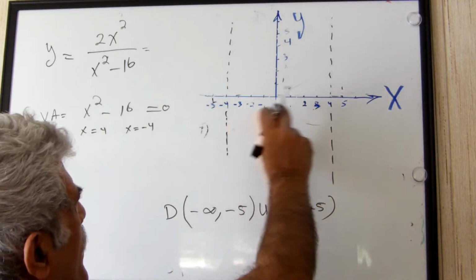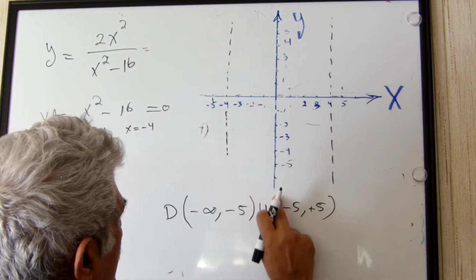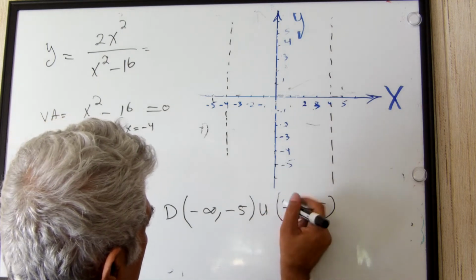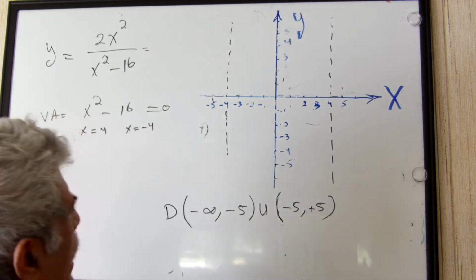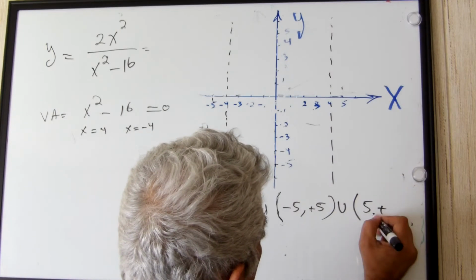We can give any number from minus 5, not included. These are not included. This is a parenthesis, not a bracket.